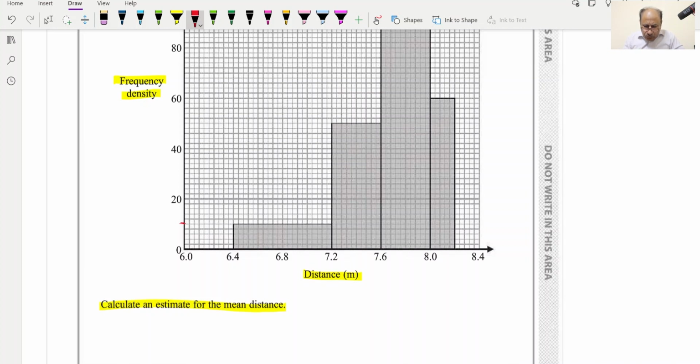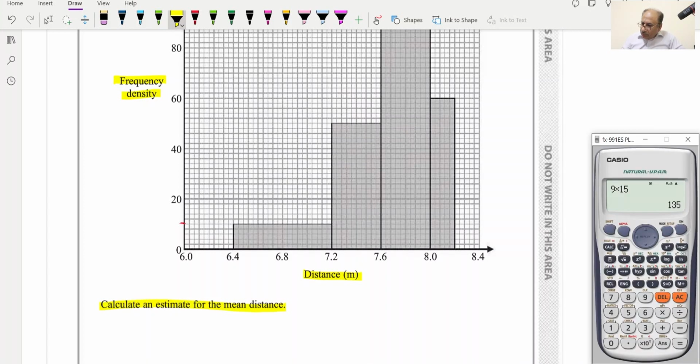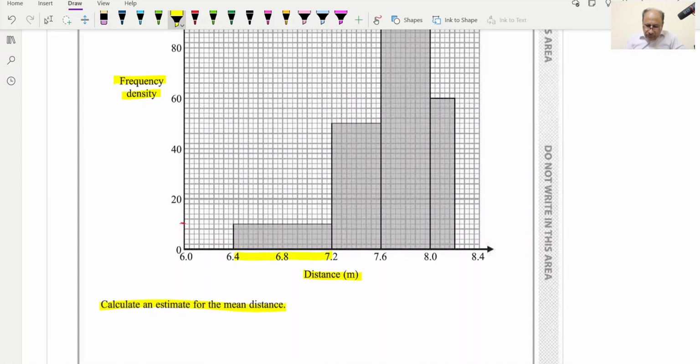So 0.8 will be 7.2, 7.2 minus 6.4 is 0.8. So this variation is 0.8.